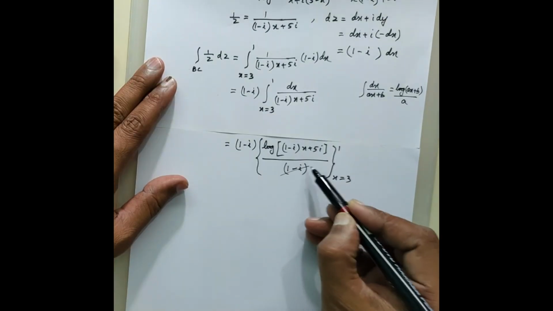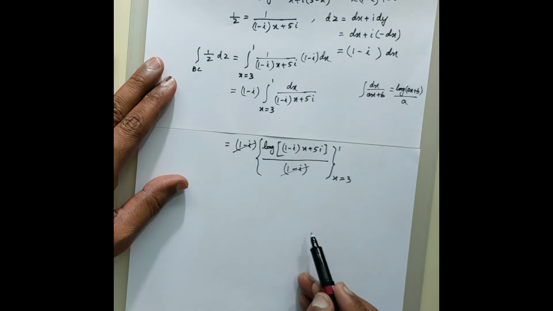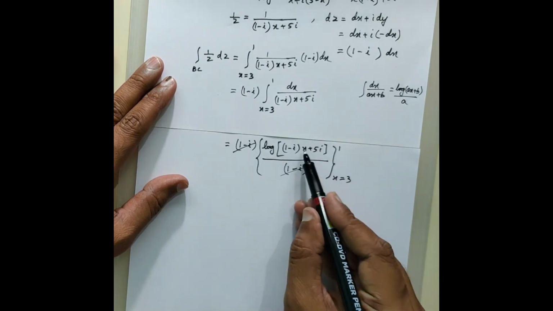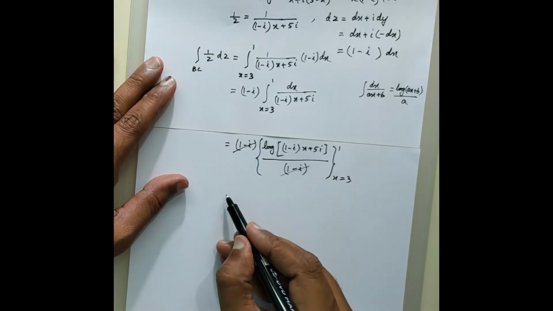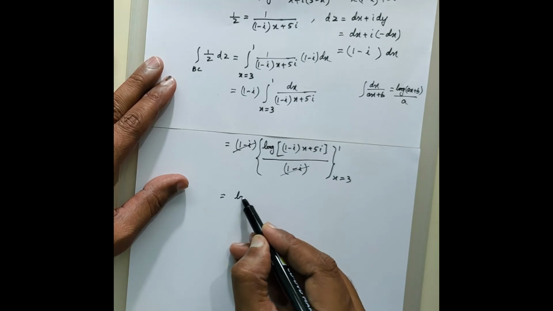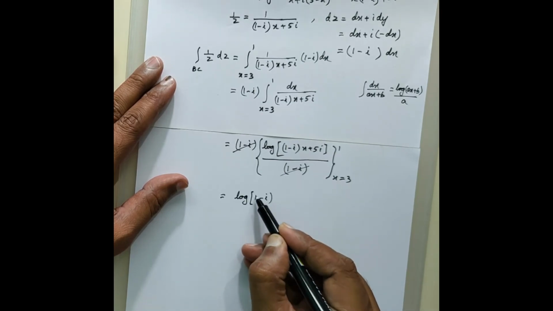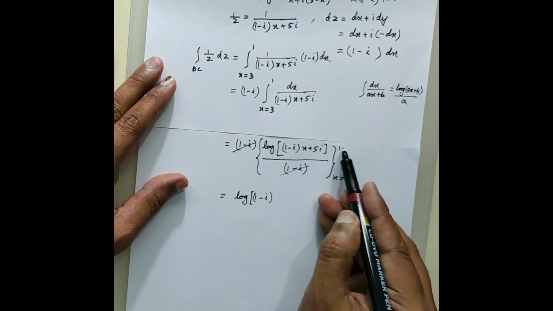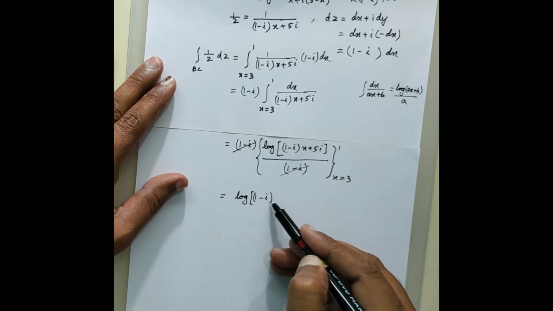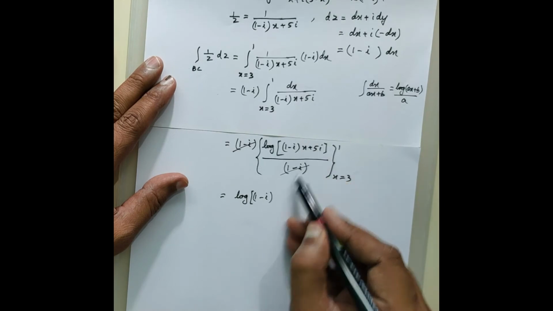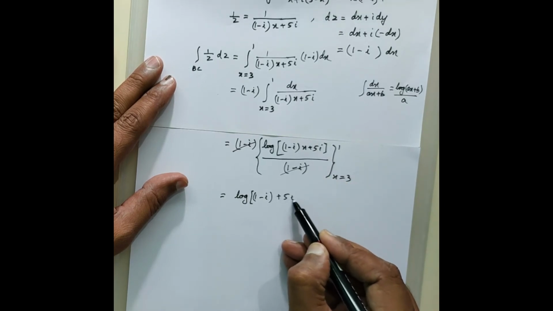So 1 minus i and 1 minus i will cancel out. Apply the upper and lower limit values for x. The upper limit value for x will be 1. So 1 minus i times x, with x equal to 1, gives just 1 minus i itself, plus 5i as it is.